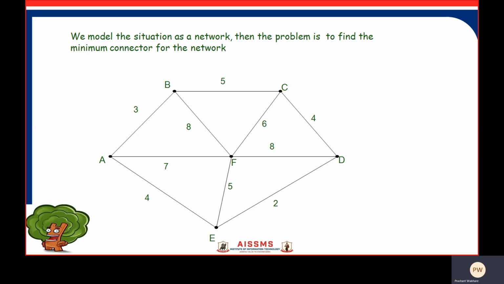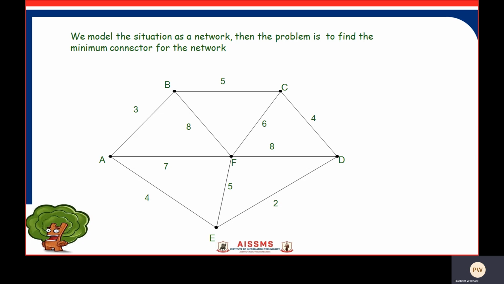To solve this minimum connector problem for networks, we use the concept of spanning trees, and we implement these spanning trees by using two algorithms, Prim's algorithm and Kruskal's algorithm.